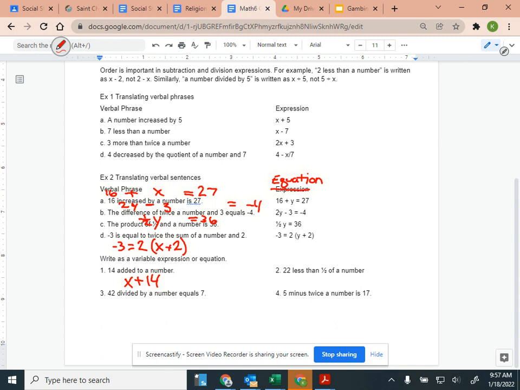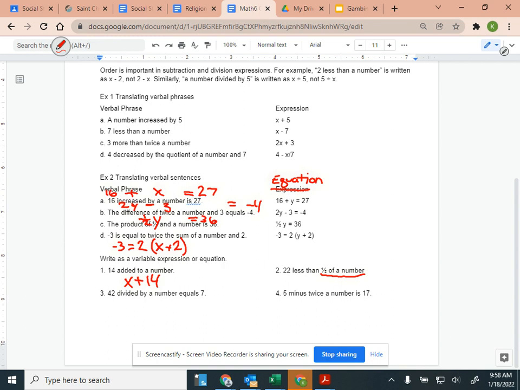Let's be very careful because it's saying 1/2 of a number. So how do we find half of a number? Half of. What does that word of mean? Oh, means less than? Nope.